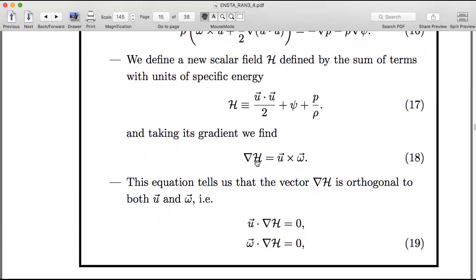And what does that mean? Well, that means that the dot product of u with grad h equals 0, and the dot product of omega with grad h equals 0.